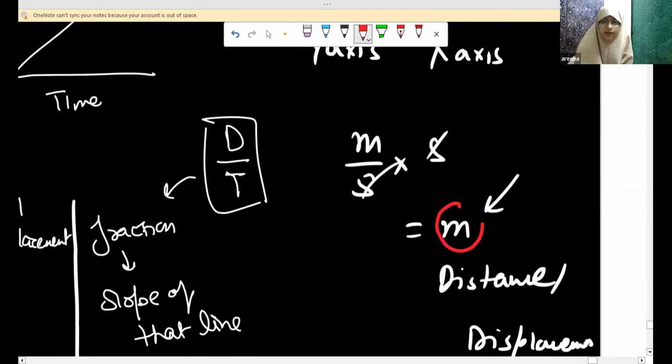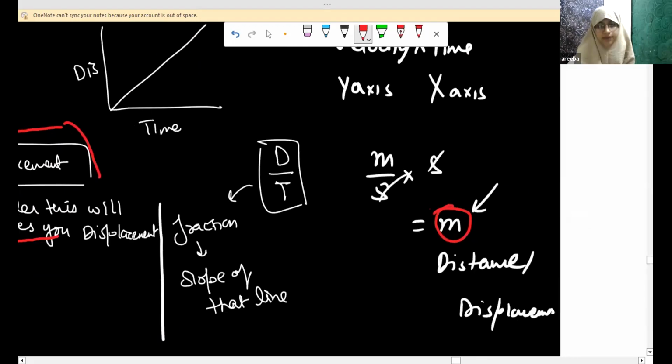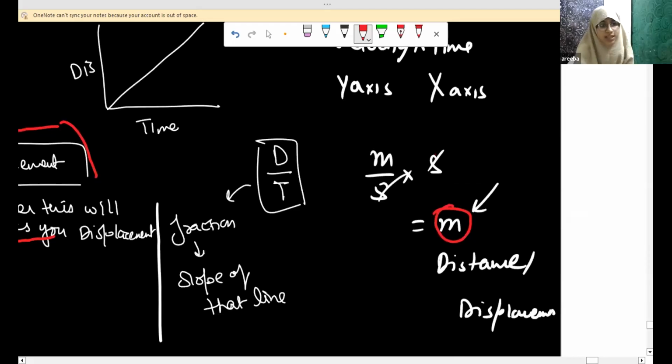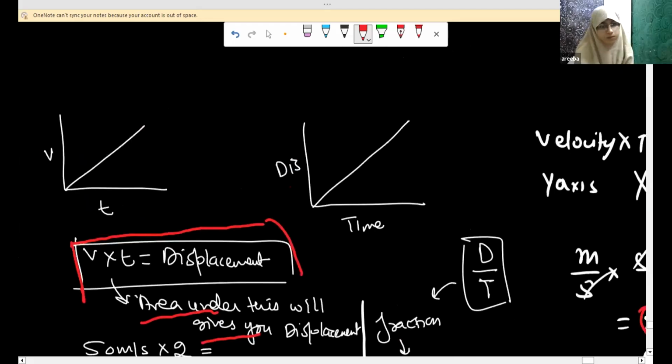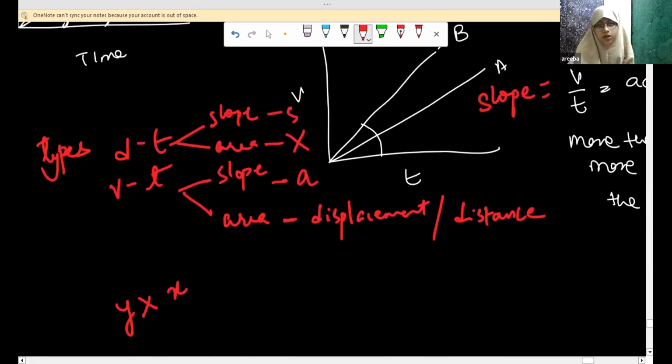I will get the unit of distance, because seconds will get cancelled. So these things we have to keep in mind before solving the questions.